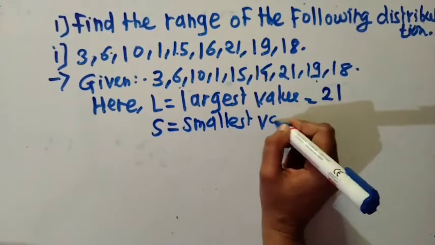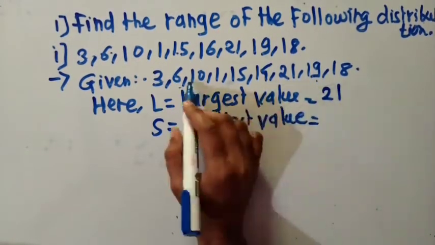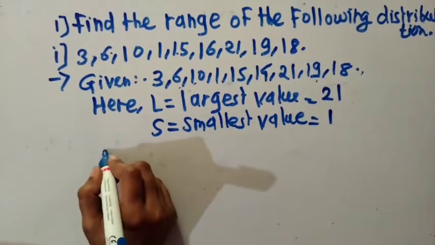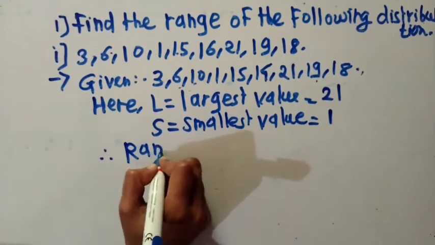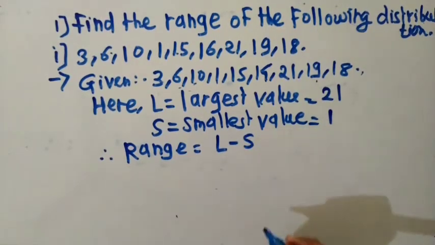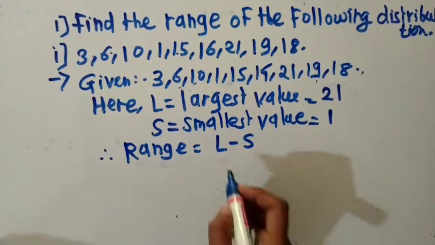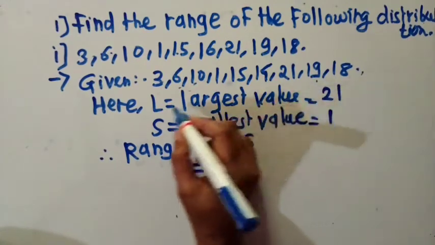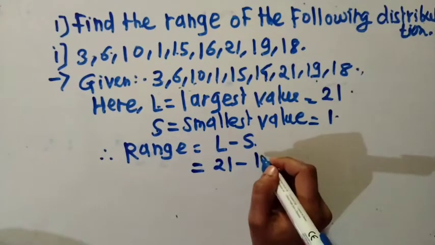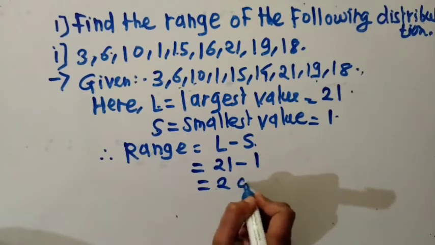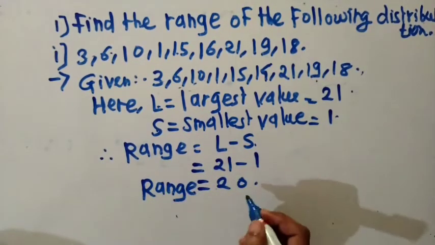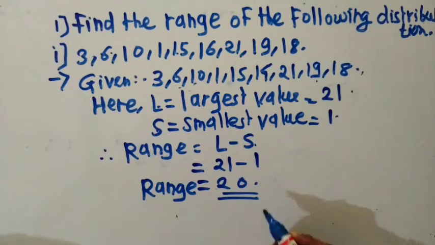And smallest value या डाटामध्ये कोणती आहे तर 1. So hence range का फॉर्म्युला काय, range is equal to largest value minus smallest value, means L minus S, is equal to 21 minus 1, is equal to 20. Hence this data has range 20.